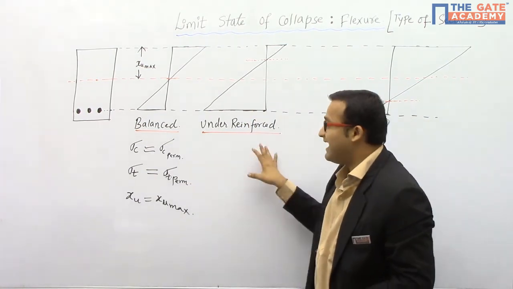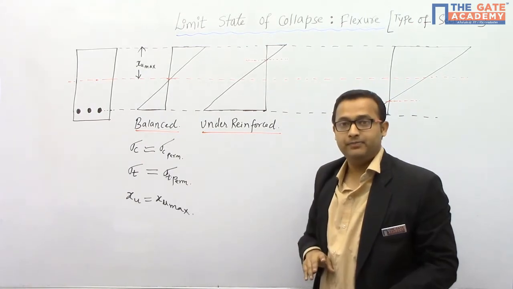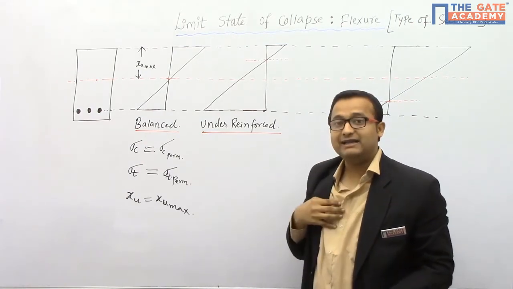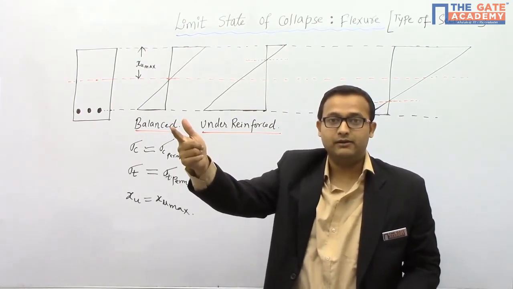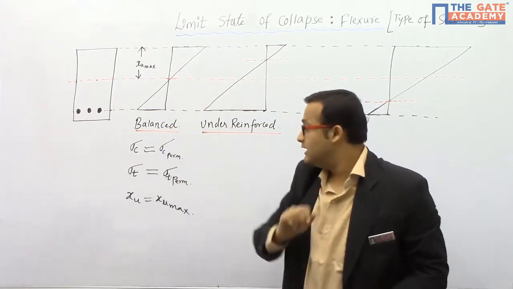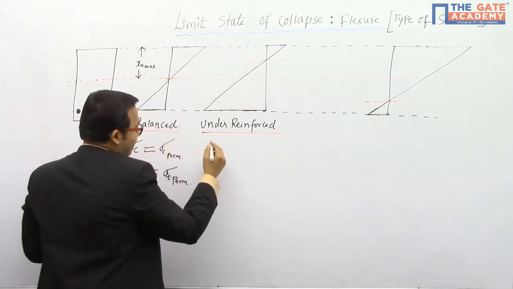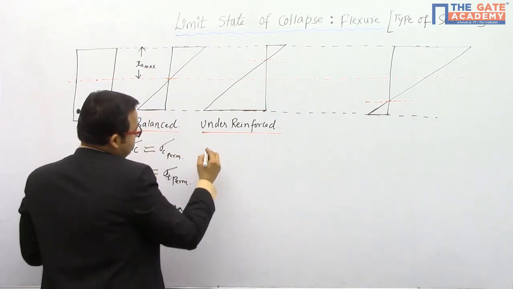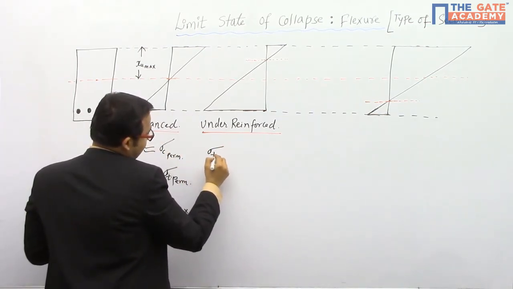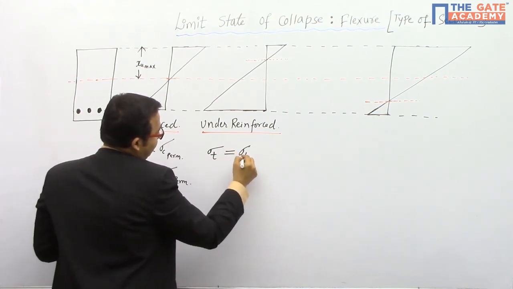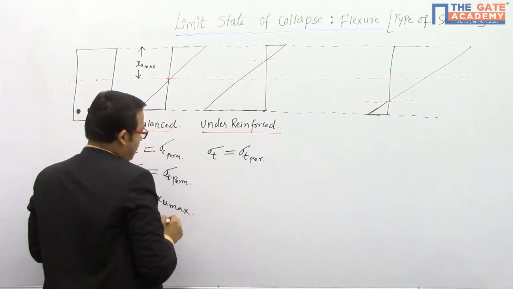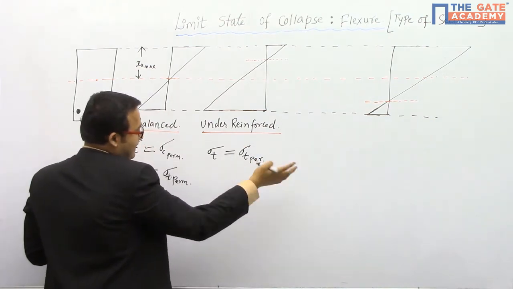So in that case, I want my steel to fail first, so that I can get an alarm. Anytime the structure may collapse, just run out from the building. So I can run. Right? So here, what happens? Stresses in the tension reinforcement reach their permissible value, sigma st permissible.